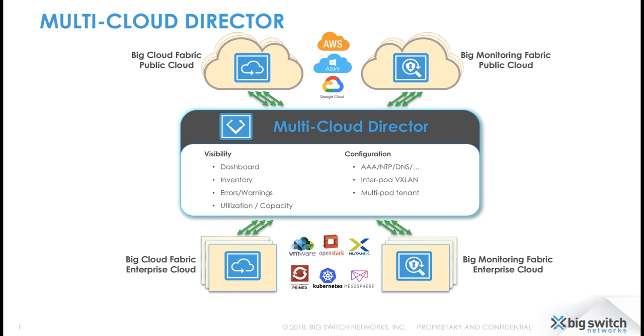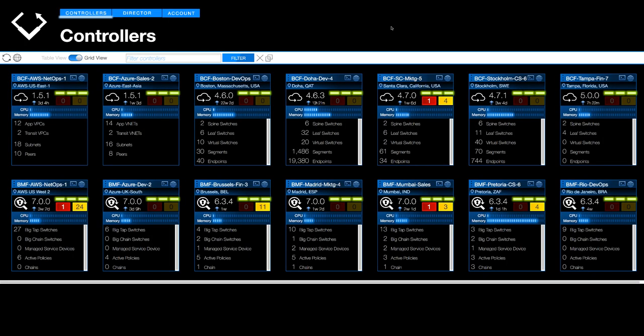Multi-Cloud Director has been designed to streamline management of Big Cloud Fabric and BigMon Fabric for on-premise enterprise clouds, public clouds, and hybrid cloud deployments by providing a single pane of glass centralization of the most common operations tasks, including configuration changes, break-fix alerts, compliance and troubleshooting, thus significantly helping in lowering operation costs as well as providing better agility. Now let's log into the Multi-Cloud Director.